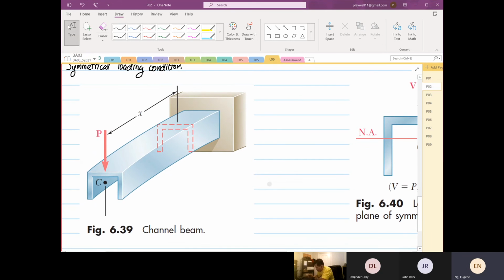If you look at this diagram, I'm going to label this our X, this will be our Y, and over here will be our Z.